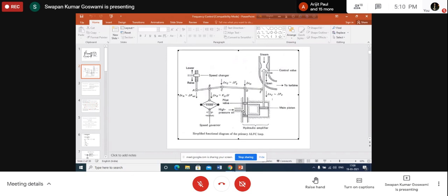As a result, from this chamber, oil will enter into this, giving a pressure. Now the piston will easily come down because the oil below this piston is going out. At the same time, high pressure oil from here will enter into this chamber and finally into this chamber.